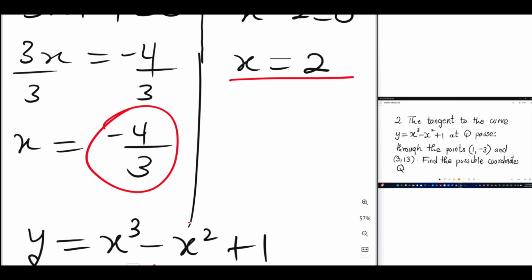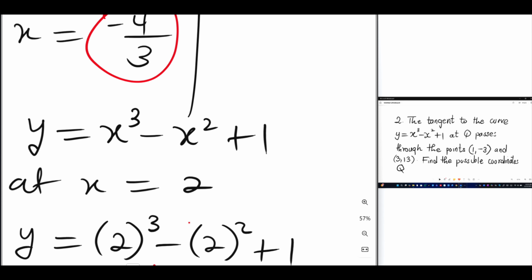All right. So when you are able to get the x coordinate at that particular point, you need to find the corresponding y coordinate. How do you get the corresponding y coordinate? The point is on the curve. So to get the corresponding y coordinate, you just plug the x values into the given function, and you are going to generate their corresponding coordinates.